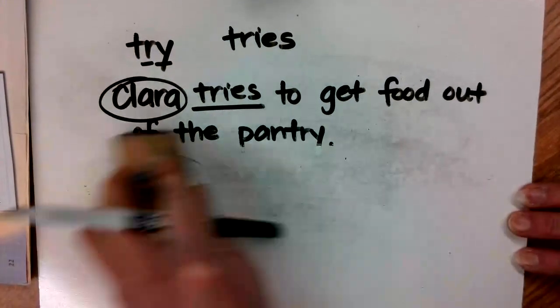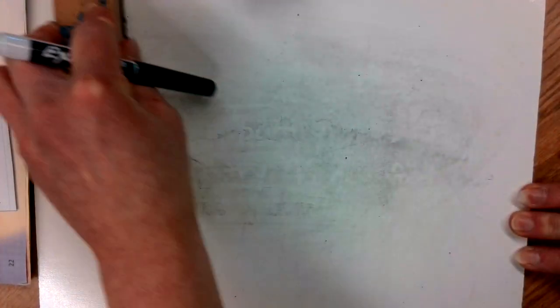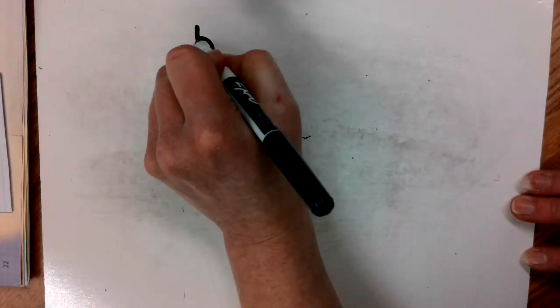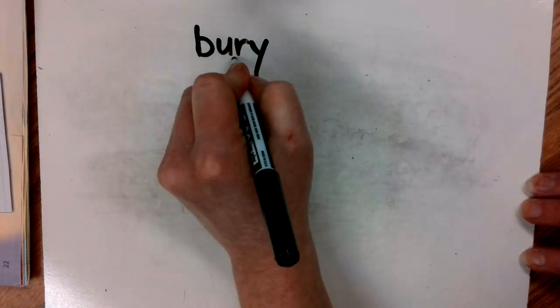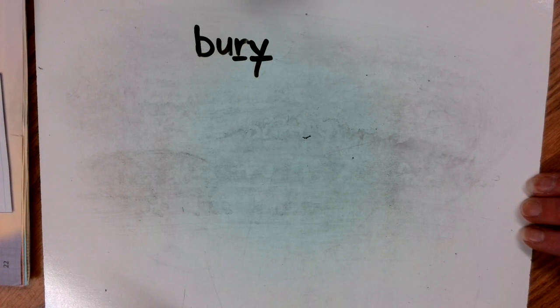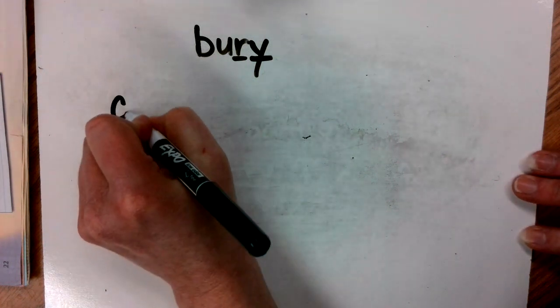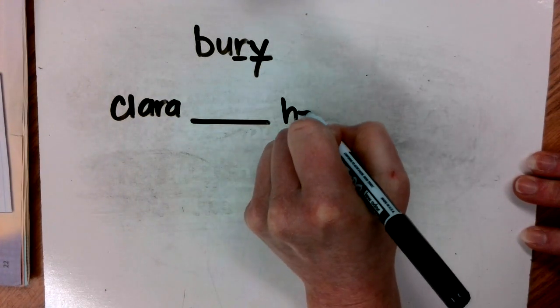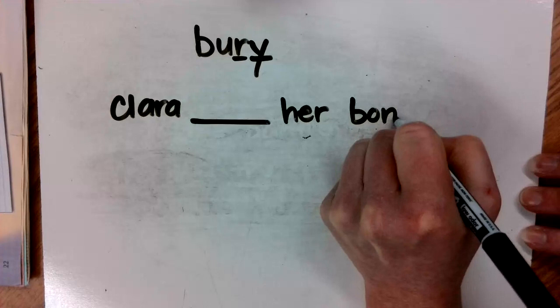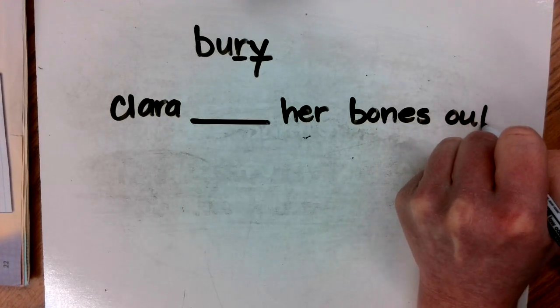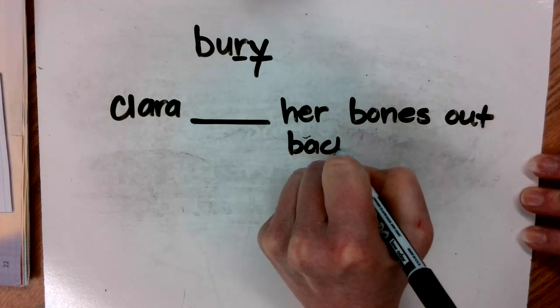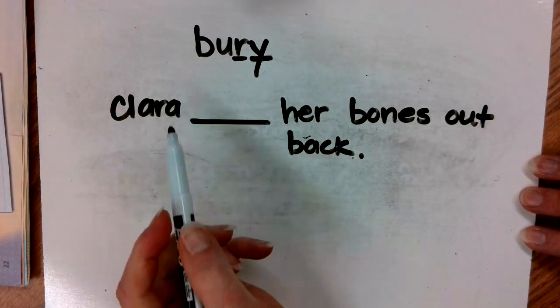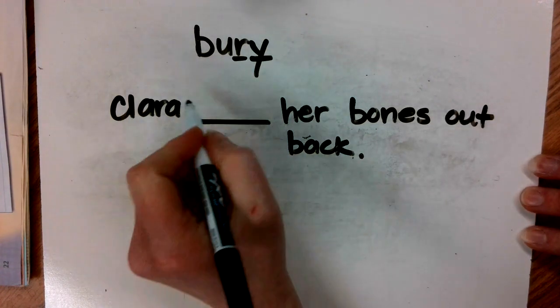Let's try another one. Bury. We know bury ends with a consonant Y. So I can say Clara buries.